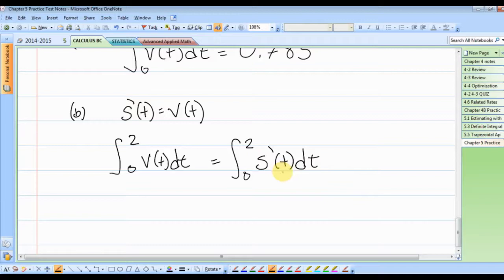Because s prime is equal to v. The derivative of position is velocity, right? And if you remember from the fundamental theorem of calculus, the integral of a derivative is just the function, s2 minus s0.